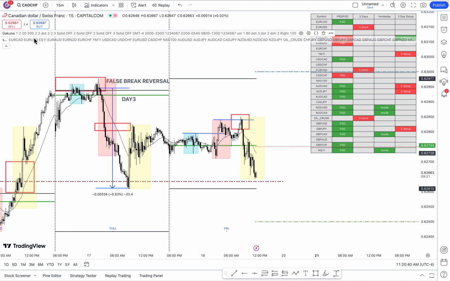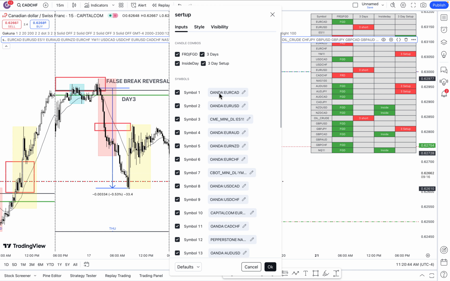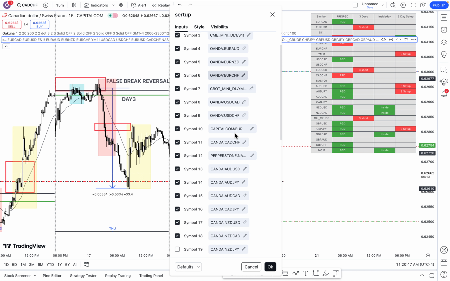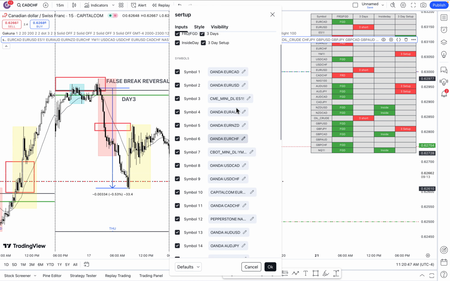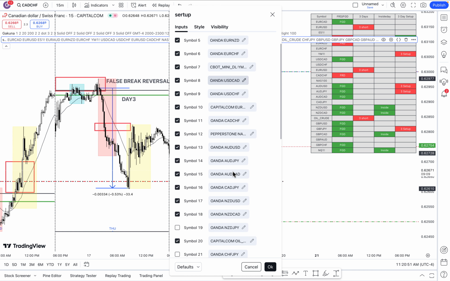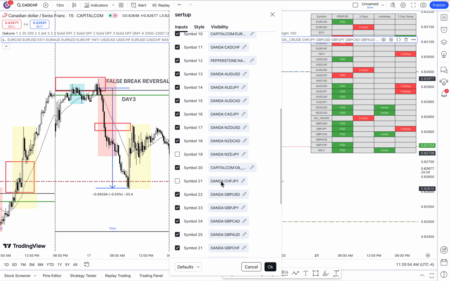So now looking deep into the setup indicator. When you go to settings, if you want to remove any pair and put another pair, you can just come to this area. Let me see which pair, CHF JPY. Just click on it, it will now be indicated here. The indicator will update it.